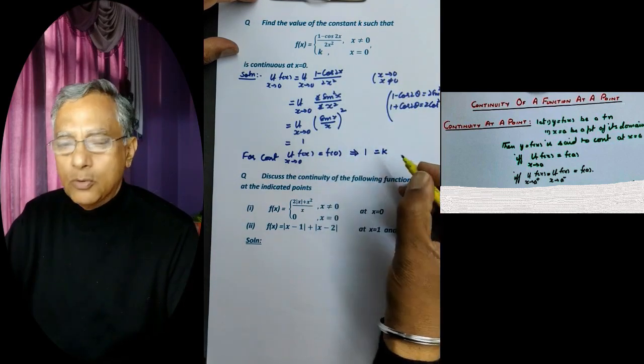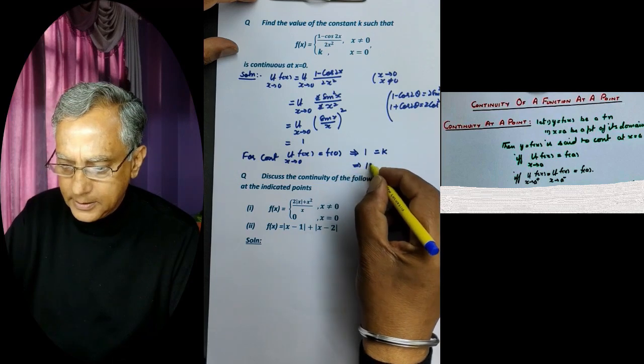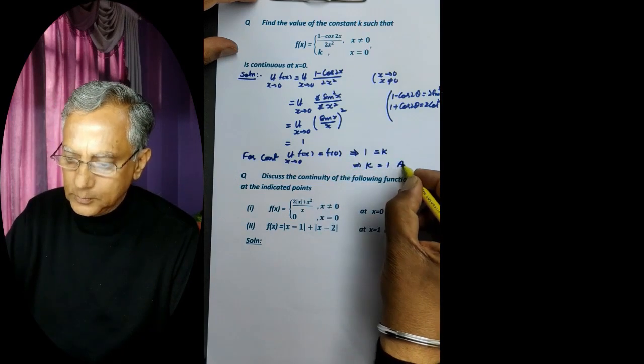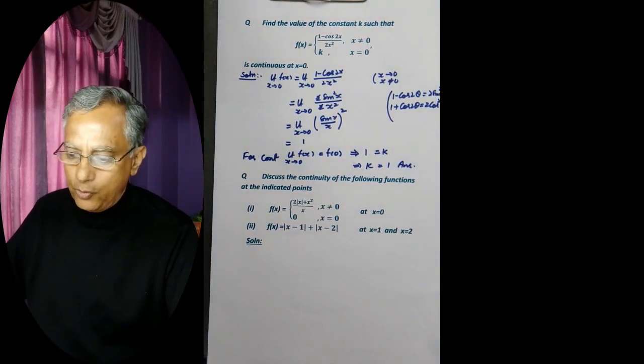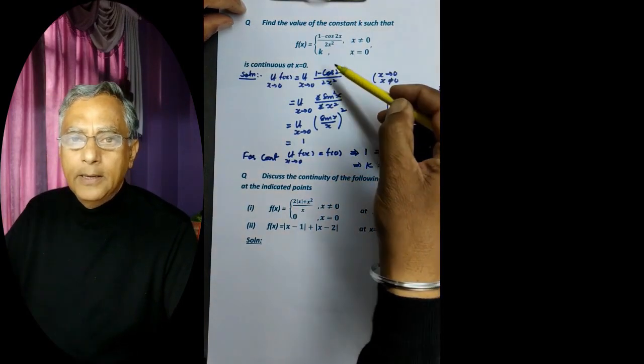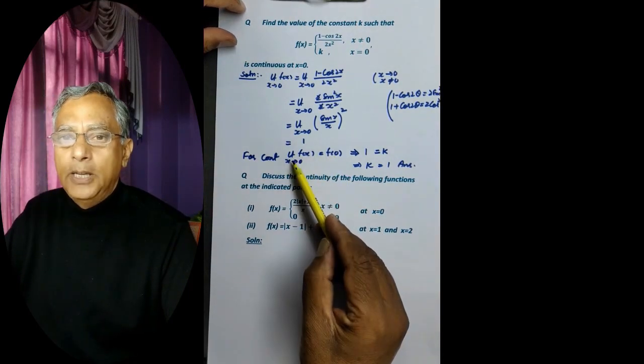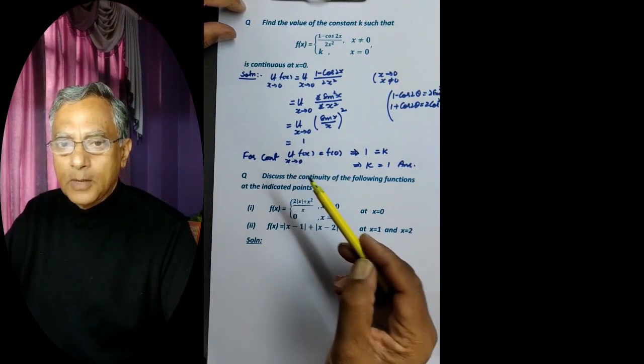So k must be equal to 1 is the answer. So we must take k equal to 1 if the function has to be continuous, because its value must be equal to the value of the limit at that point.